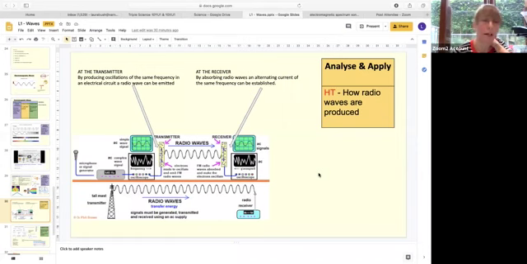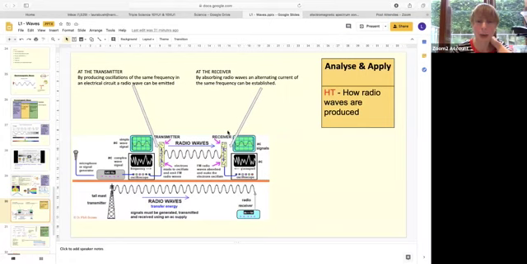At the transmitter, where the radio wave is produced, if you have oscillations of the same frequency in an electrical circuit, they can be emitted across a space, across a gap, also across a vacuum, which we wouldn't need because we're down on Earth, but that can happen. And then the receiver will absorb those radio waves, and it will create an alternating current of the same frequency in the receiver at the same time.